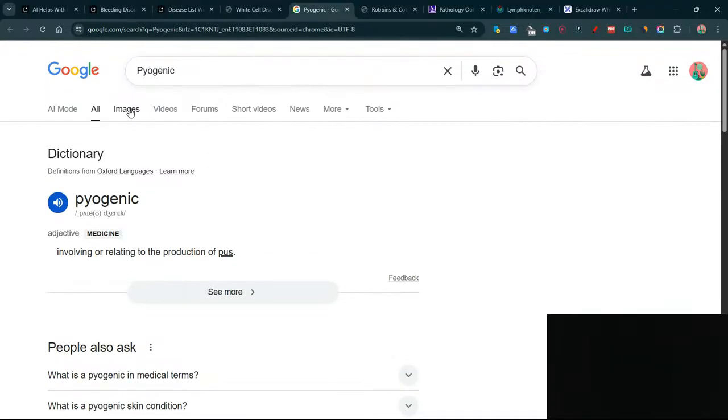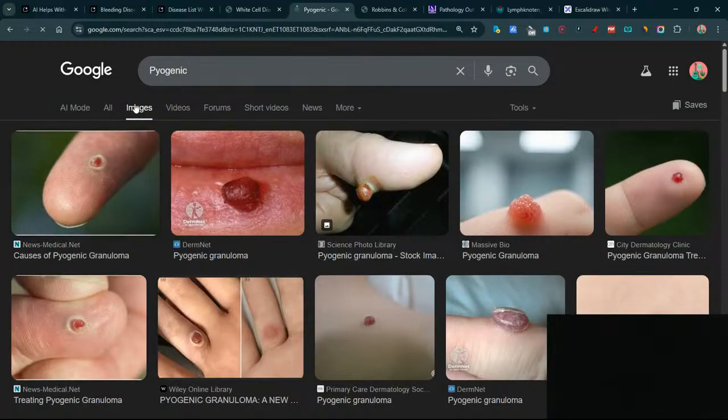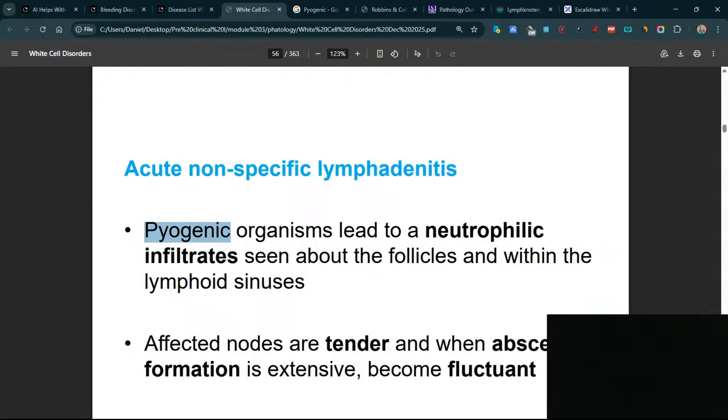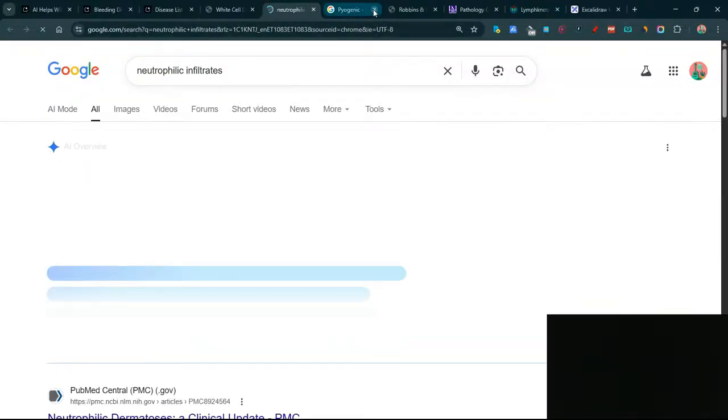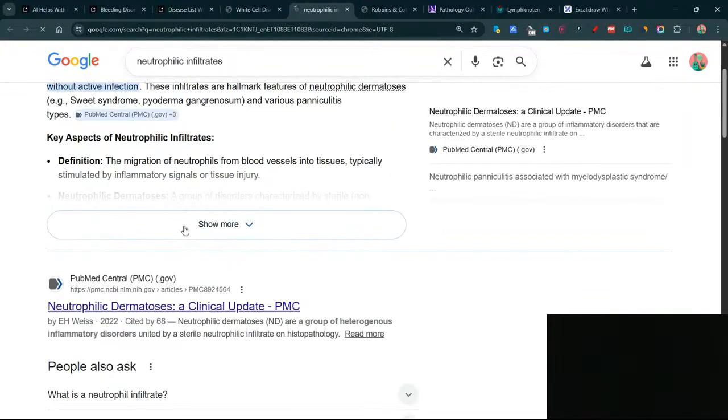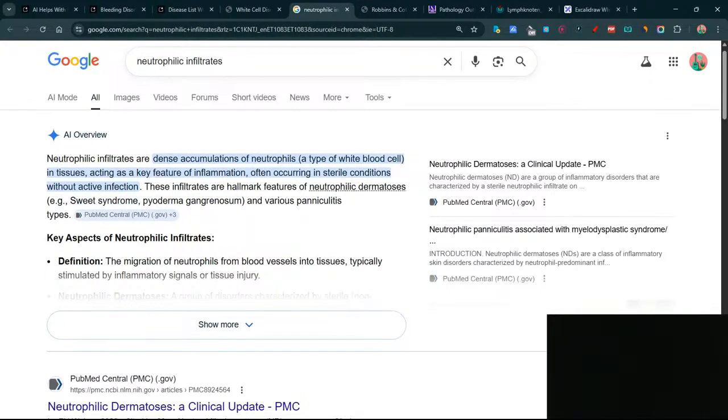Alright, what is neutrophilic infiltrates? Neutrophilic infiltrates are dense accumulations of neutrophils, a type of white blood cell, in tissue, acting as a key feature of inflammation.